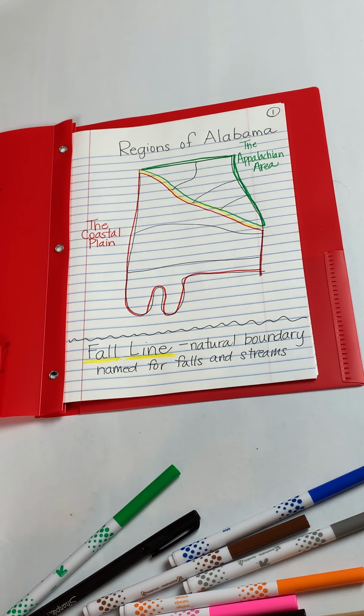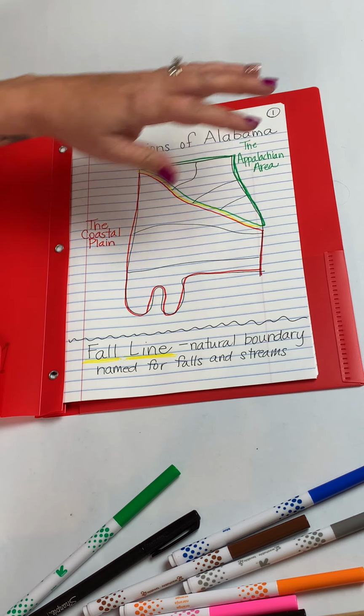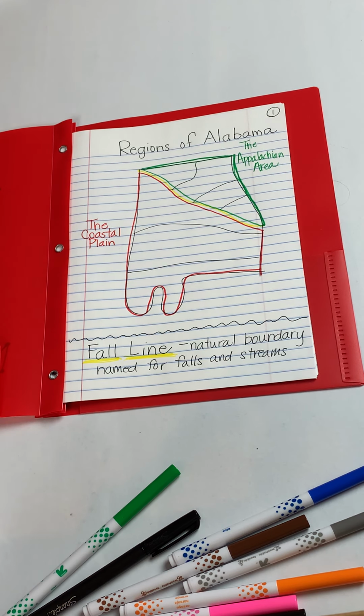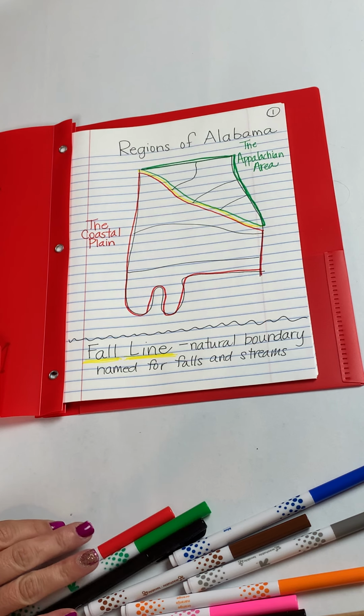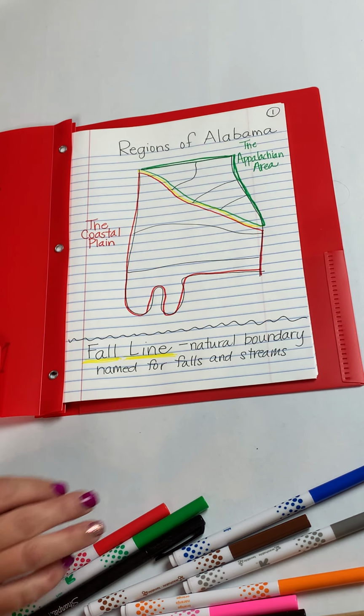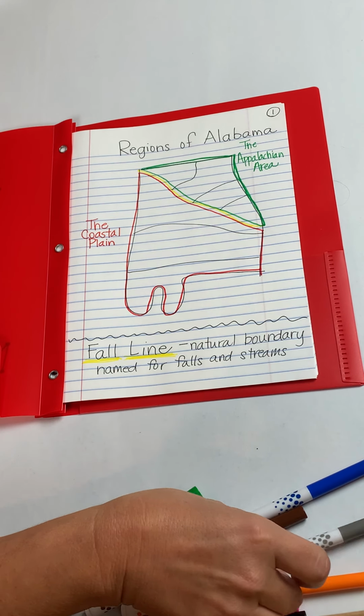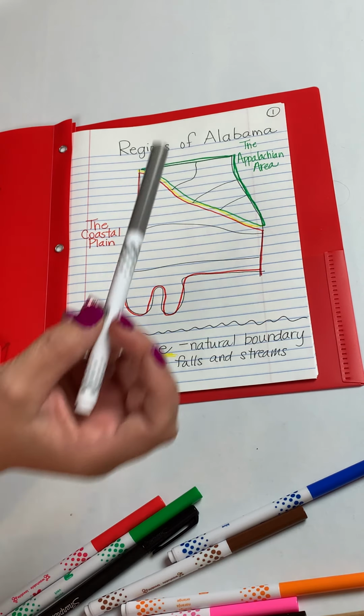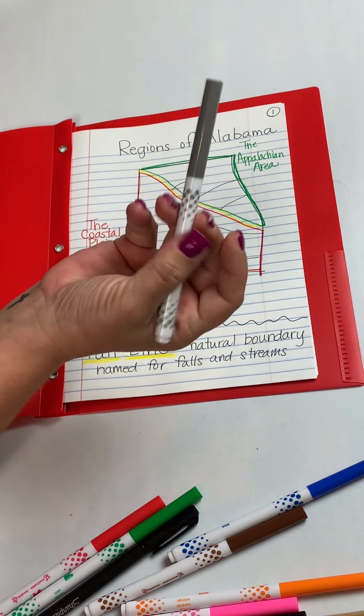All right, so Alabama has two main areas, the Appalachian area and the coastal plain. And then within each area, we have different little regions, all right? So let's start with our gray.